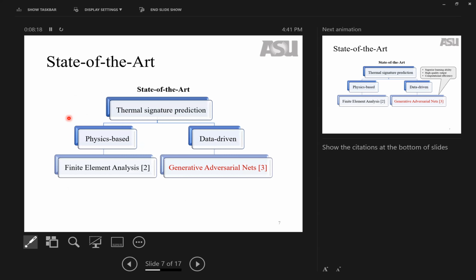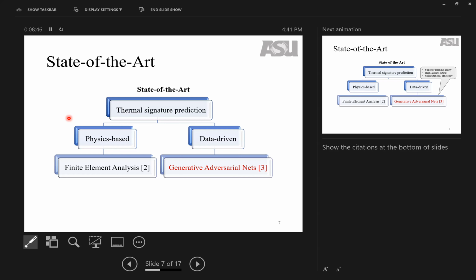In the state of the art for thermal signature prediction, there are two branches of method. One is the physics-based method. Some of you may know this, like finite element analysis and related physical methods for simulating a manufacturing process and generating simulation data to monitor that process.